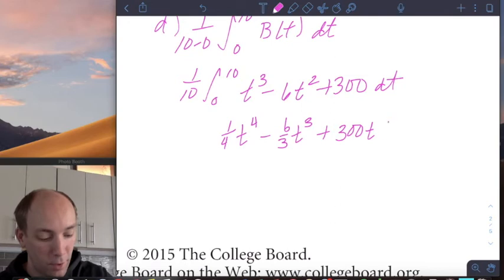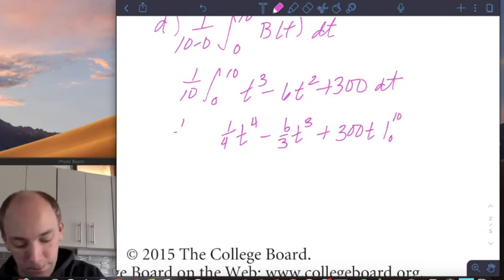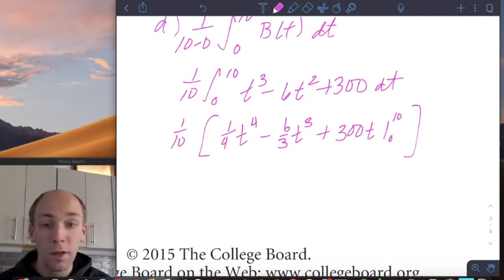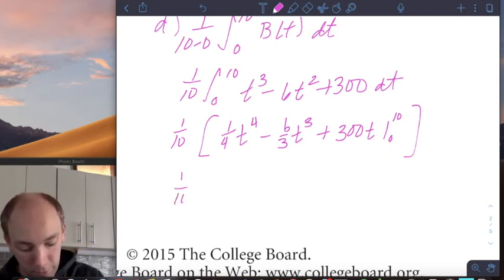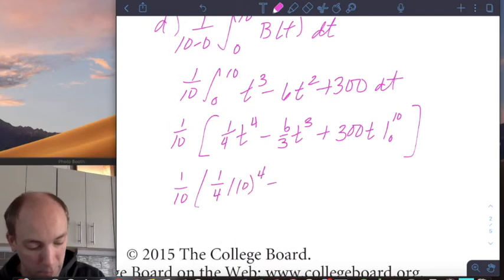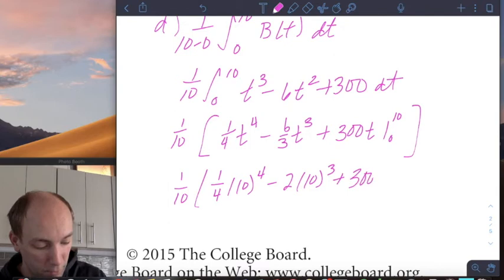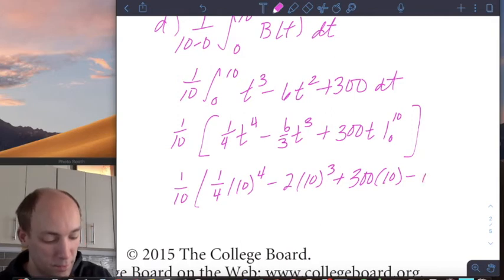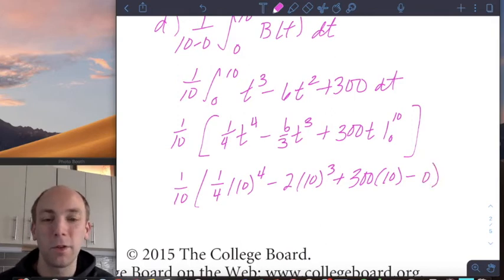And we're going to evaluate this from 0 to 10, and then multiply by 1/10. Let's plug in 10. 1/10 times 1/4 times 10 to the 4th minus 2 times 10 cubed plus 300 times 10, minus, when I plug in 0 for all of that, since they're all just variables, I would just get 0. Since it's a polynomial, when you plug in 0, you're going to get 0.